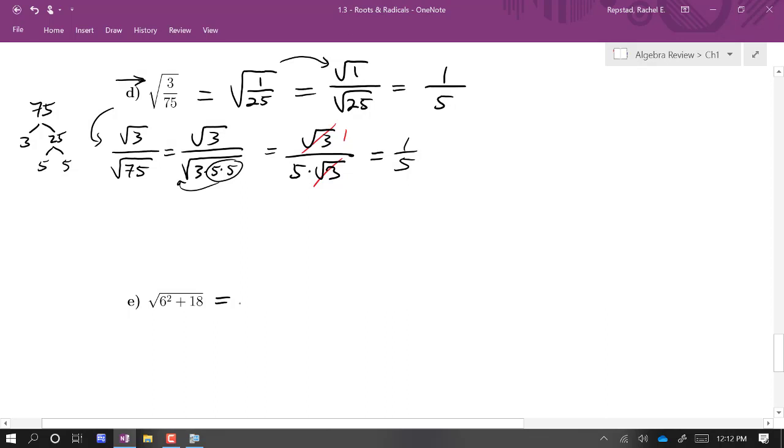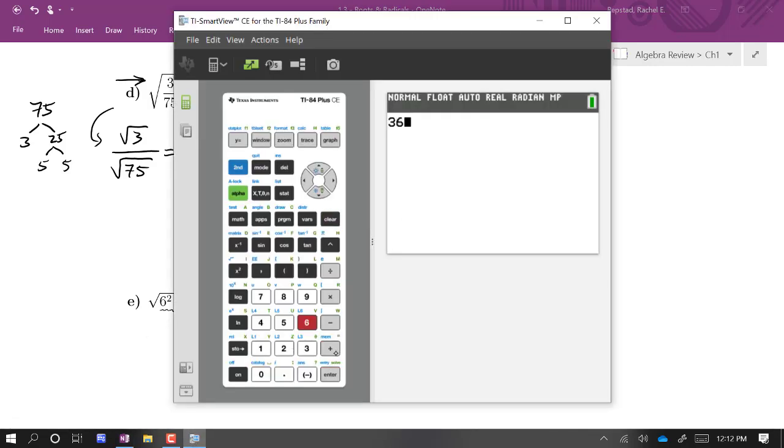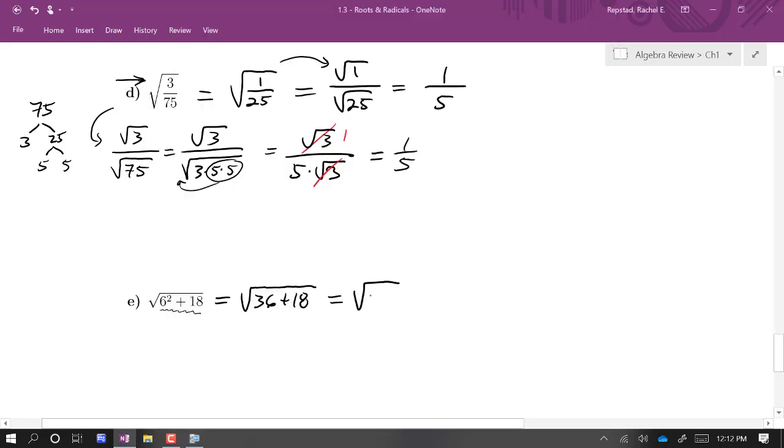So no addition, just multiplication. So the first thing I need to do here is figure out what this value inside the radical is. 6 squared is 36, and 36 plus 18 is 54. So I have the square root of 54.